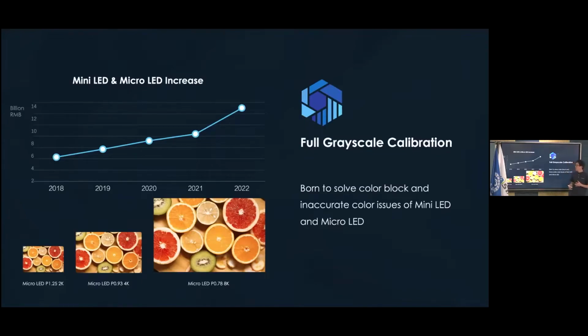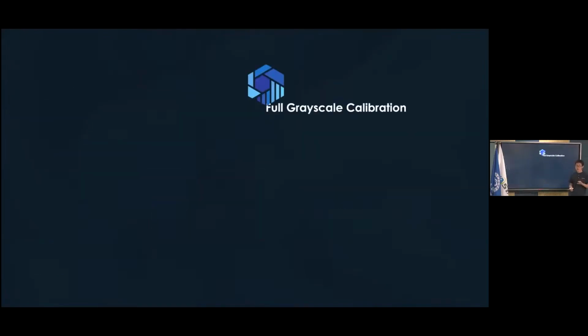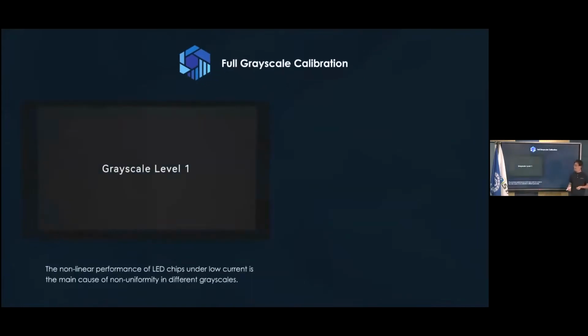So if we want to keep the mini LED and micro LED product quality going on, we have to solve this problem. We have to know first why this kind of problem with color blocks and non-uniformity with low brightness is caused.